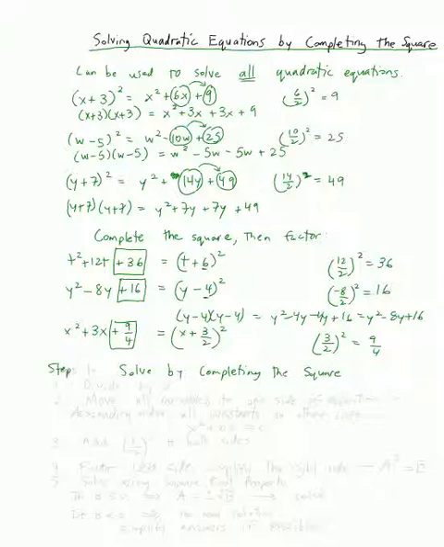So these are going to be the steps to solve by completing the square. Step 1 is going to be divide by a, and I'll explain these steps in a moment.